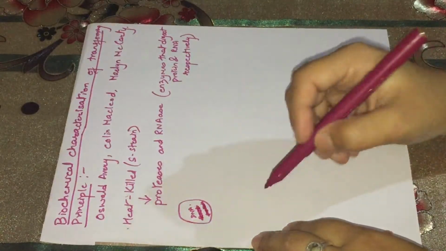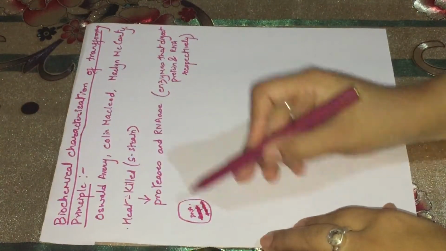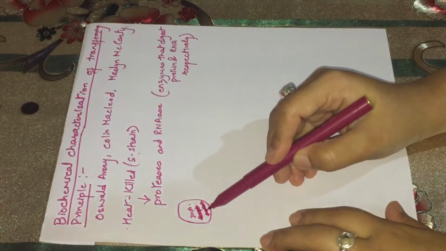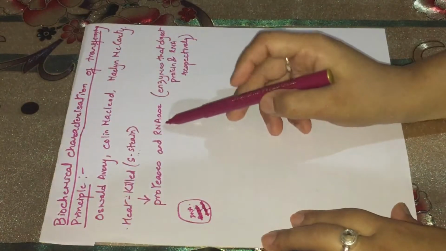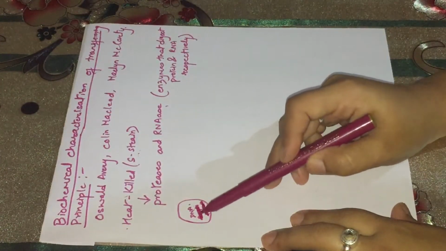Now only DNA is left in the cell of the S strain bacteria, because the cell was subjected to proteases and RNases that digested RNA and protein.